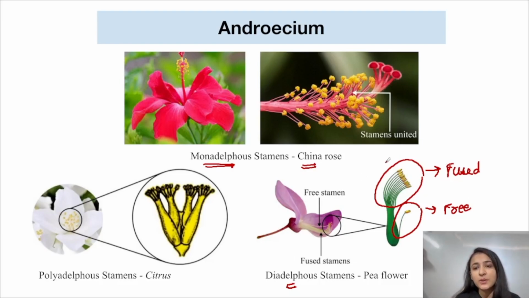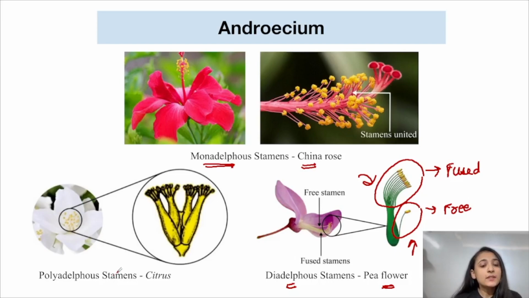You can differentiate between this bundle and this free stamen. So that is why two components are present here. We can distinguish between these two kinds of stamens because this is free and these are fused. So diadelphous condition exists here. It is the example seen in the pea flower we studied in the previous slide.